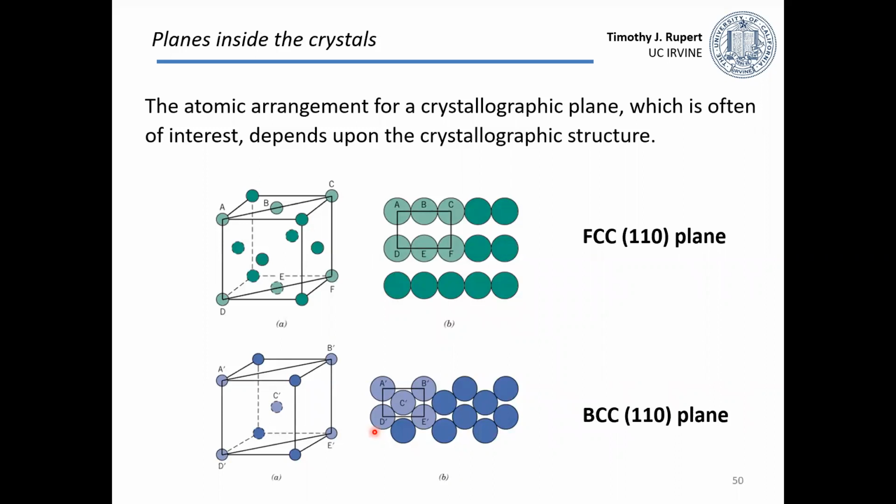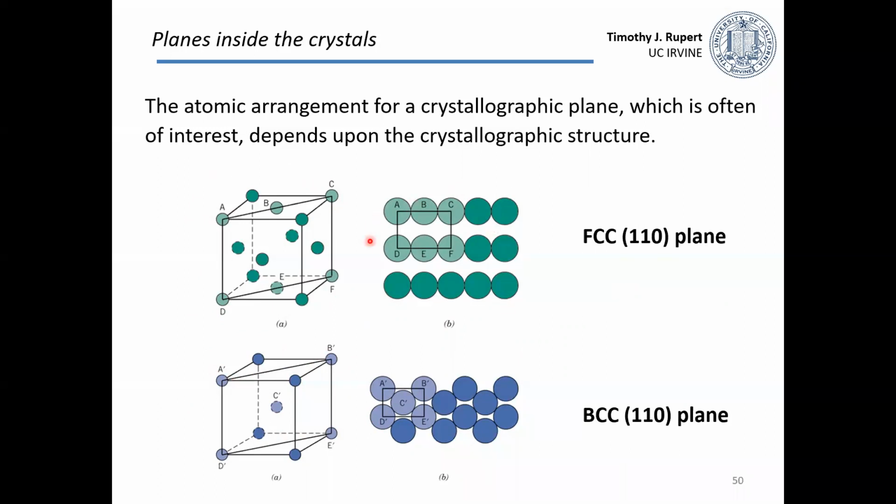Now, one important thing to point out is that when we talk about a certain type of plane, it can look different depending on the crystal structure that we have. To show this, I took an FCC crystal on the top, a BCC crystal on the bottom. I cut this diagonal plane through the sample for both, and these are both 1, 1, 0 type planes. Okay.